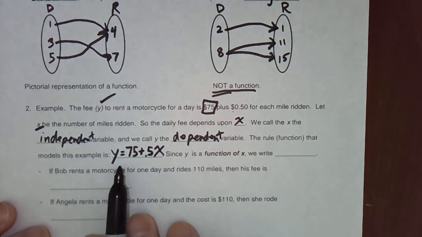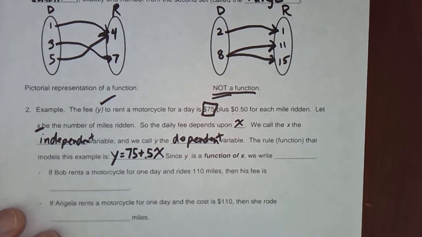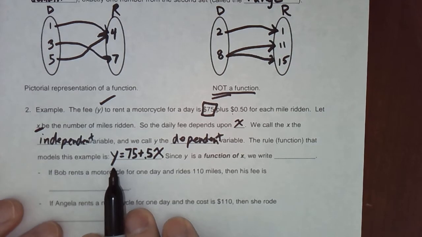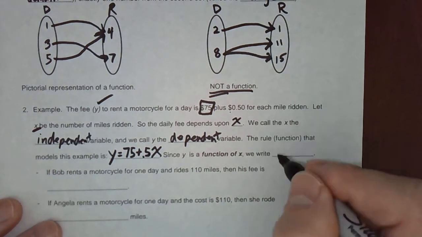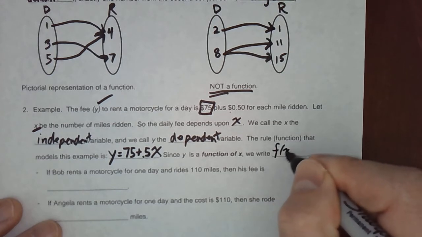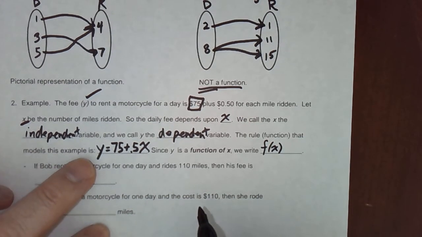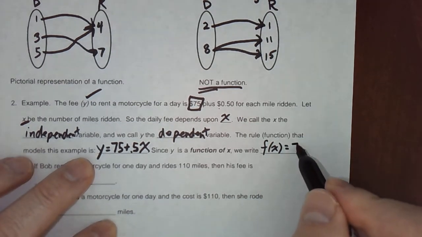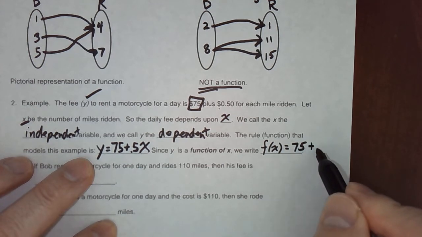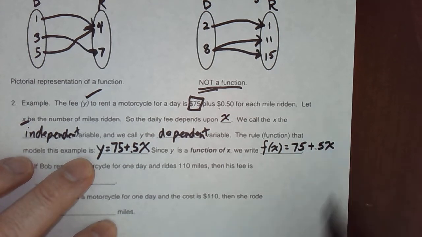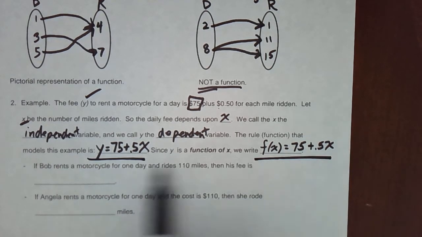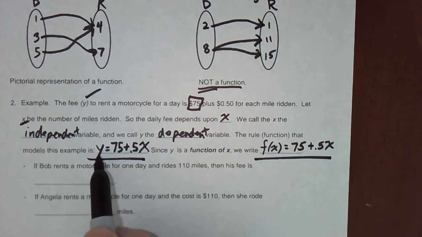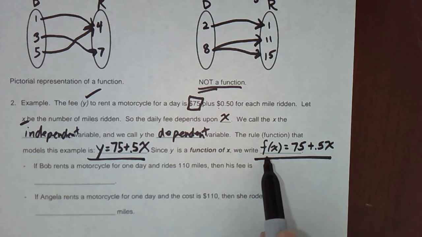So this would be the rule or the function that describes this model. We frequently refer to y as f of x because y is a function of x, and we would write it like this. F of x instead of y is 75 plus 0.5 times x. So the only difference between this and this is that we represented the variable y with f of x.